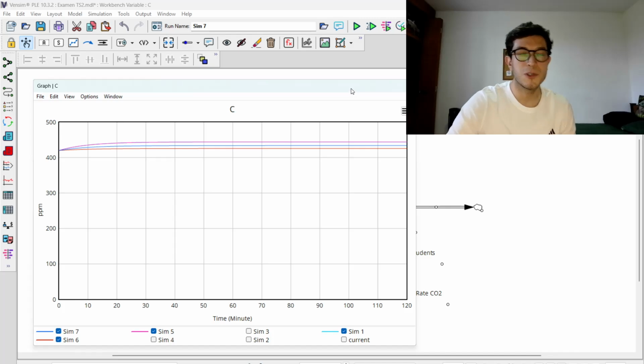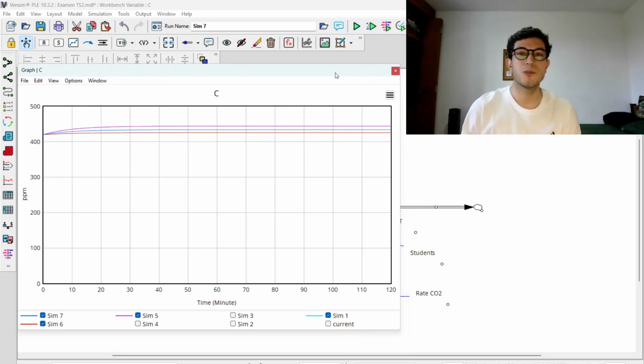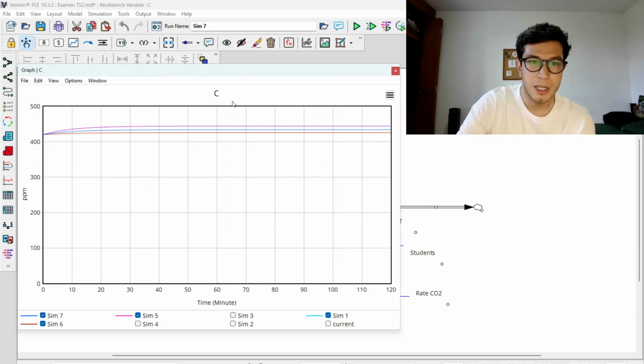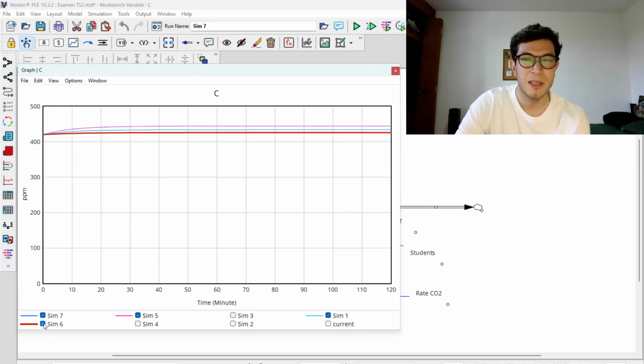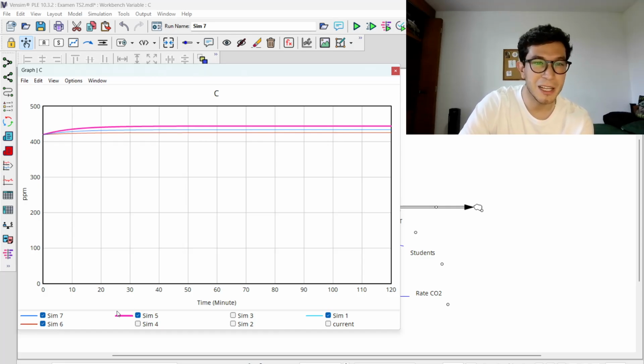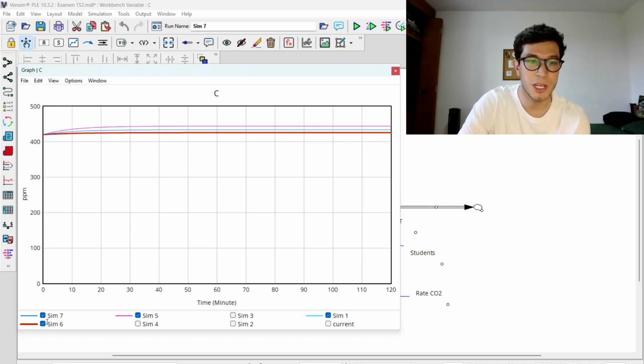What I did was to change the number of students, because in the first simulation, shown right here, the blue line, we have 35 students. Then we have 40, which is pretty similar. Then we have 6 or 8, I don't remember well, which gives us a pretty straight line. I mean, the concentration doesn't change very much.